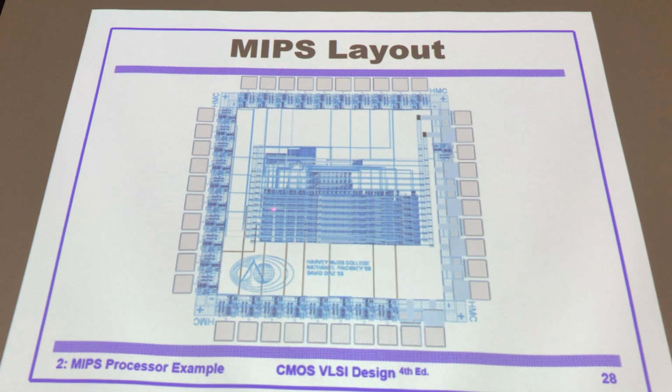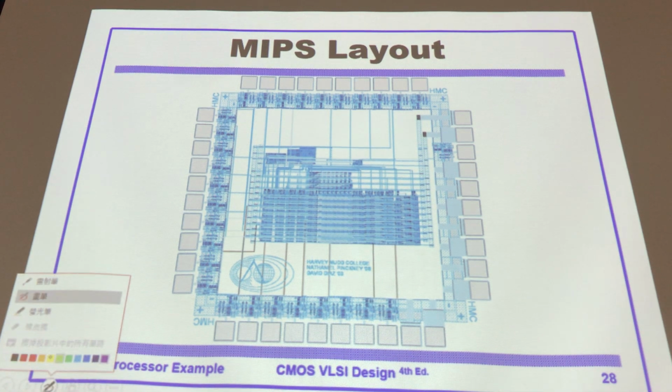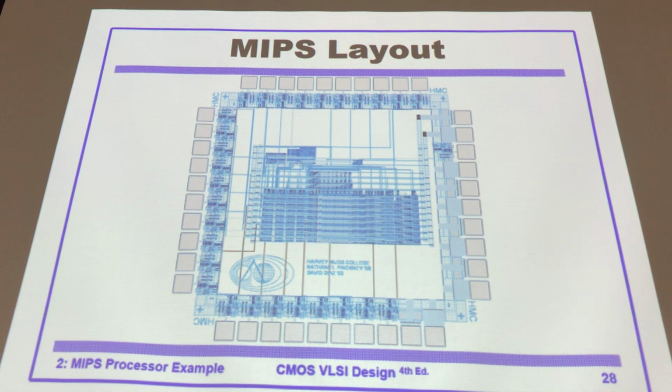And we notice that on the boundary, there are many circuits here. Each one means one pin. That's a pin connected to the outside. And each square here is the I/O pad.